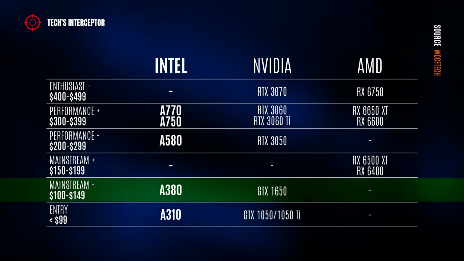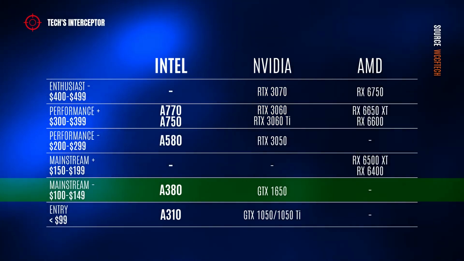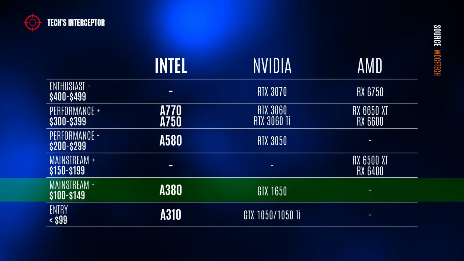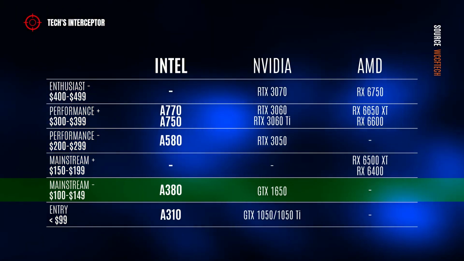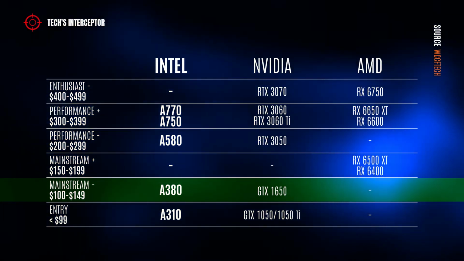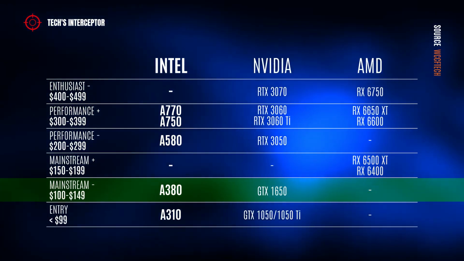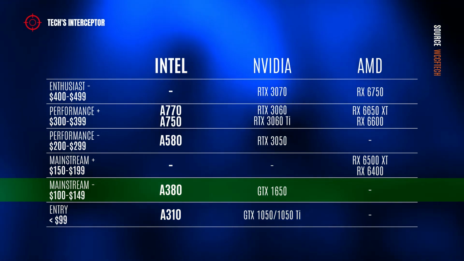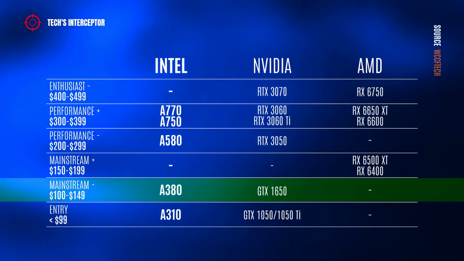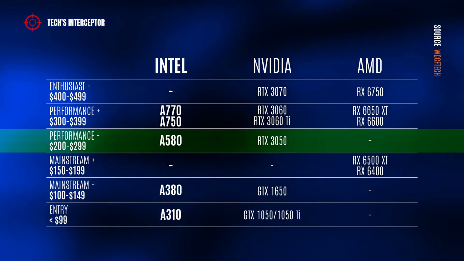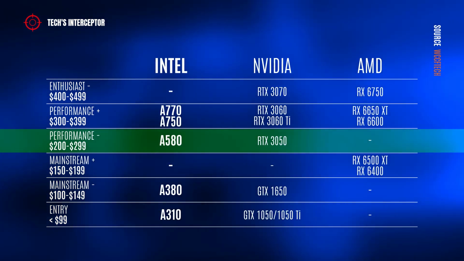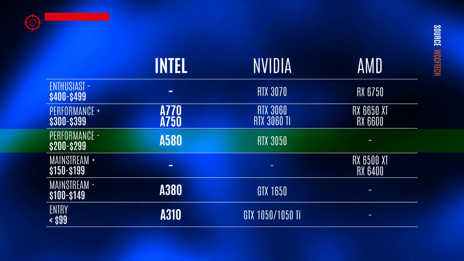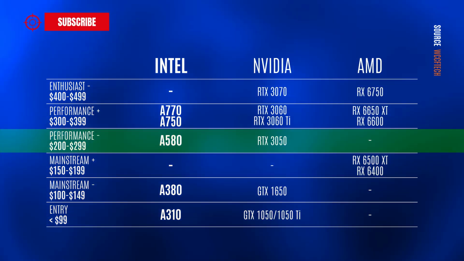Placed higher, in the mainstream minus level, under the mainstream plus bracket that includes the AMD RX 6400 and the RX 6500 XT, there is the A380, already released for the Chinese market at a price of $135.